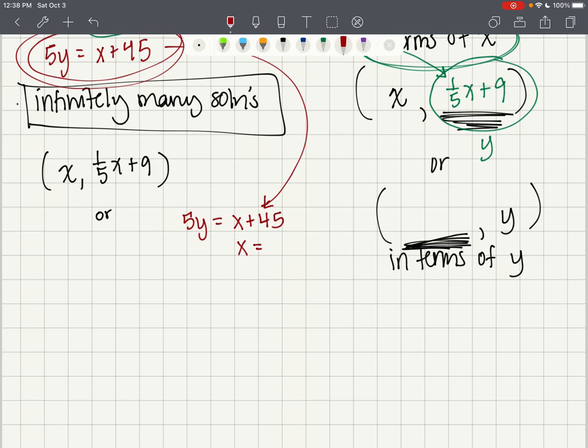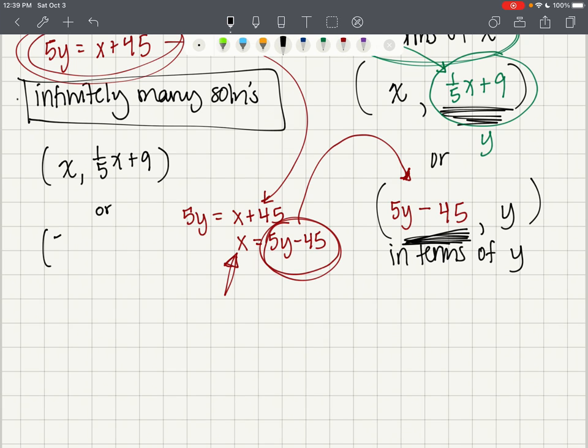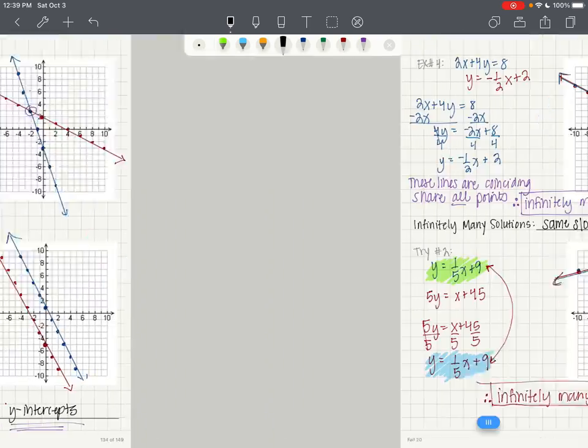I'm going to subtract 45 from both sides, and that will give me 5y minus 45. So this is what I can now put into the x-coordinate, because x is the same thing as 5y minus 45. So 5y minus 45, comma, y. And that sums up solving by graphing.